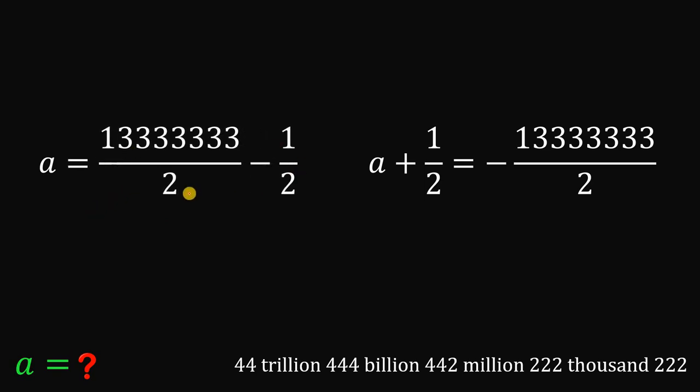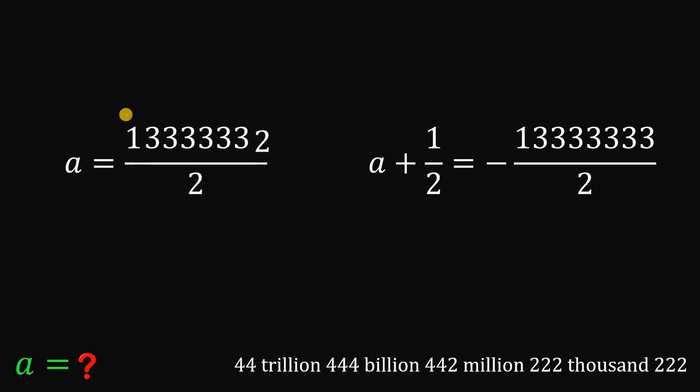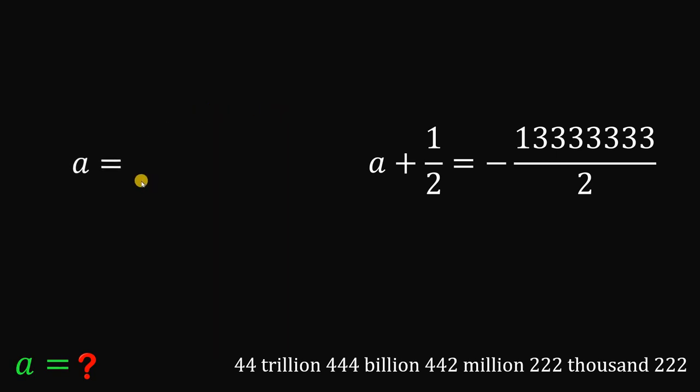Now, since they are similar fractions, we can copy the denominator, then subtract their numerators. So if we do that, we get 13,333,332. Now divide this number by 2, we get 6,666,666, and that is the first value of a.